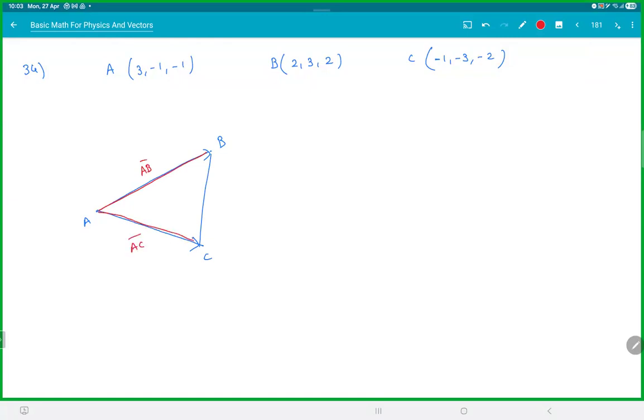Do you guys remember the formula for the area of a triangle? In the formula, half of mod A bar cross B bar, A bar and B bar are sides of a triangle.